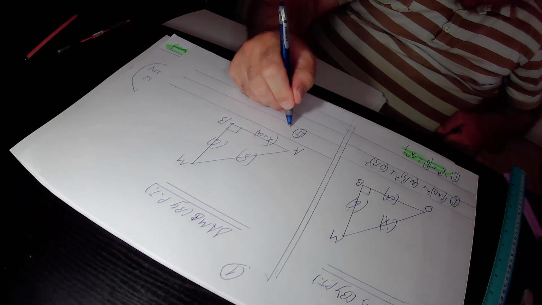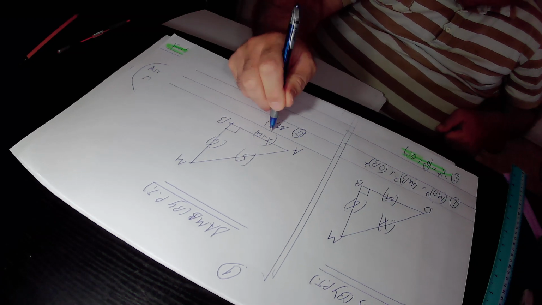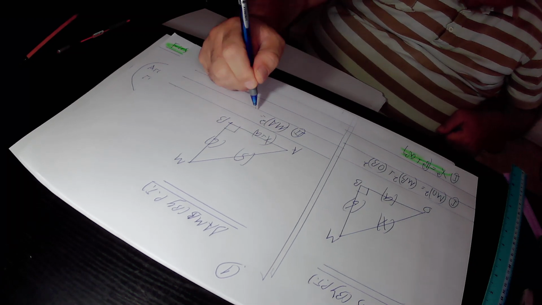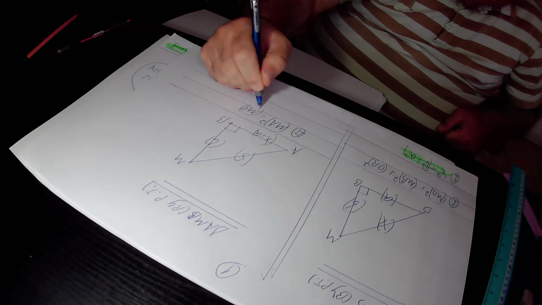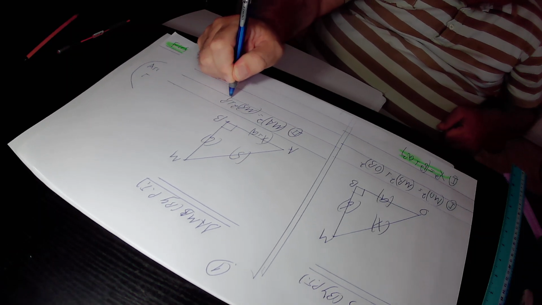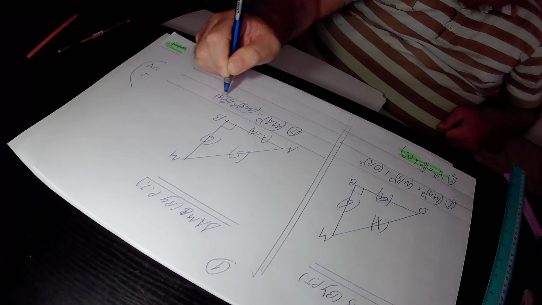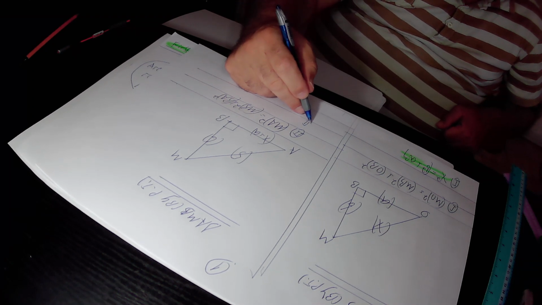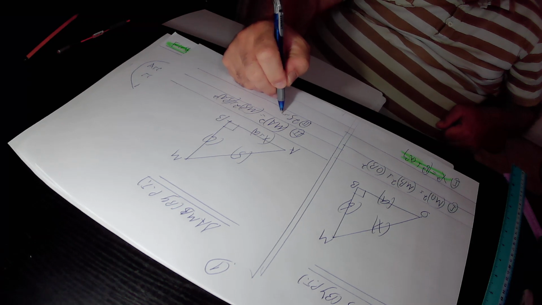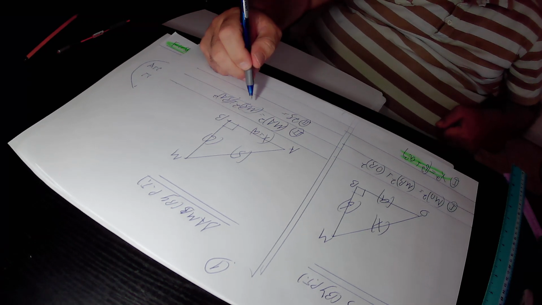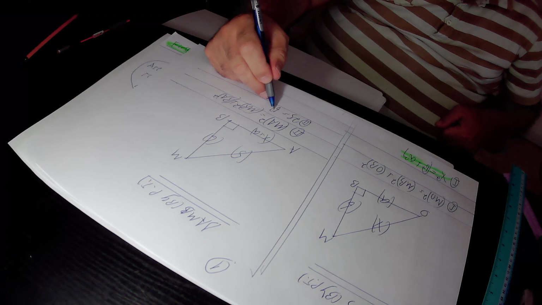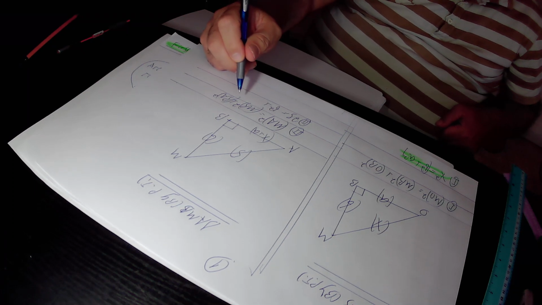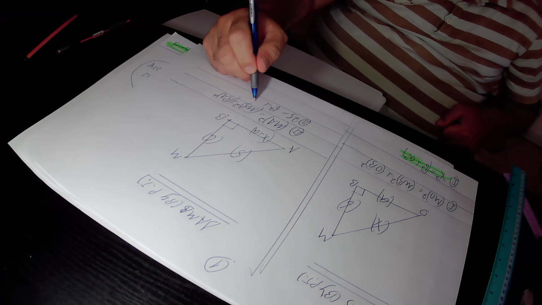MA squared, the square of the hypotenuse, is equal to MB squared plus BA squared. The hypotenuse MA is 5, therefore MA squared is 5 squared, that is 25, and it is equal to MB squared. MB is b, therefore MB squared is b squared, plus BA squared. BA is x plus a, therefore BA squared is (x plus a) squared.